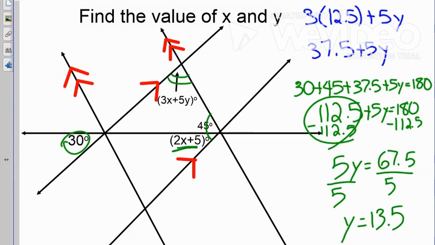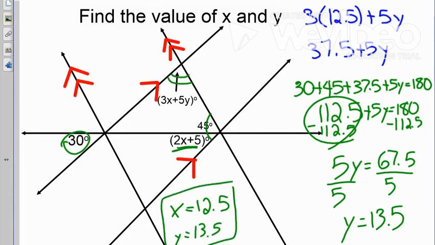So you should have got x equals 12.5 and y equals 13.5. Now this is just using our knowledge of parallel lines and transversals, not necessarily perpendicular lines, excuse me. But hopefully this was a good way for you guys to refresh your memory a little bit.